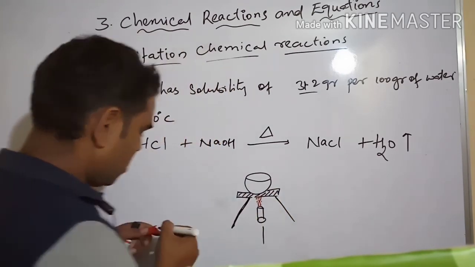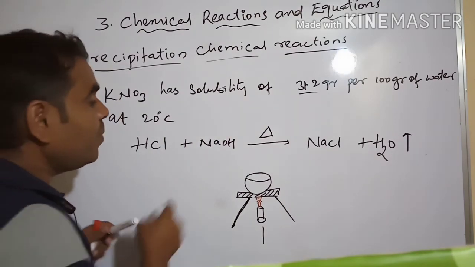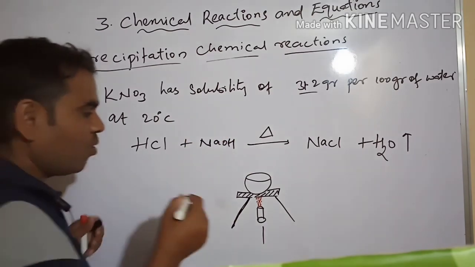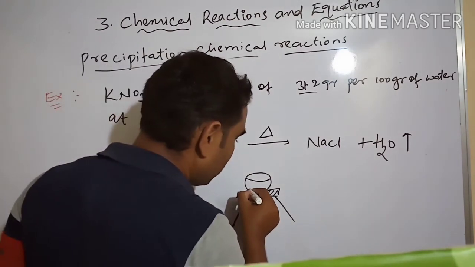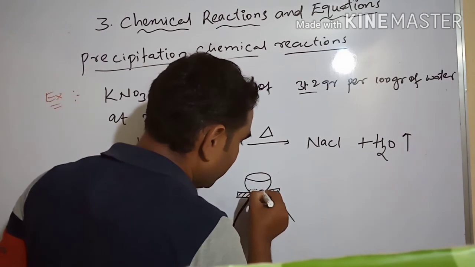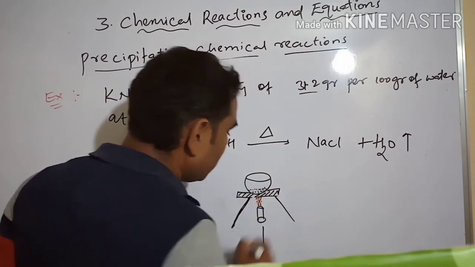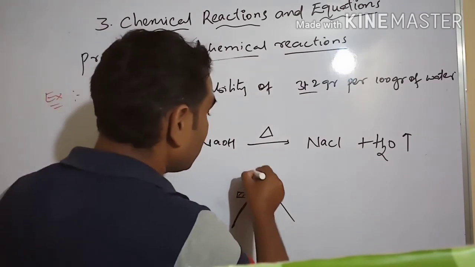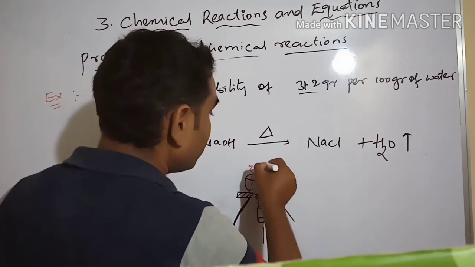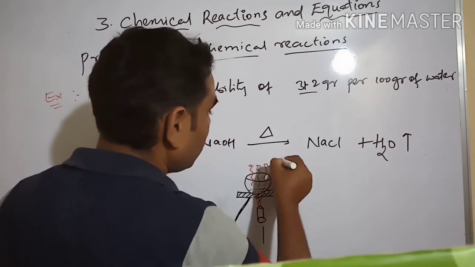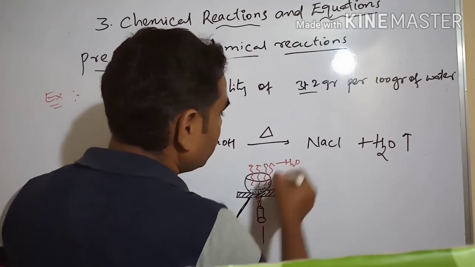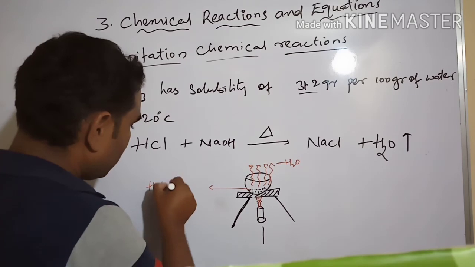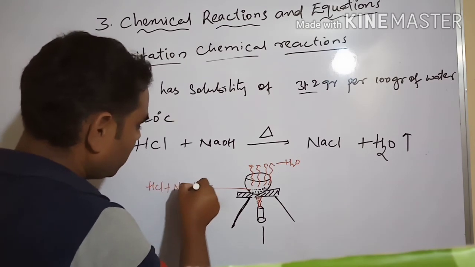We took a little mixture of hydrochloric acid and sodium hydroxide. What will happen? Here too, the excess water, H2O, is removed. HCl plus NaOH.